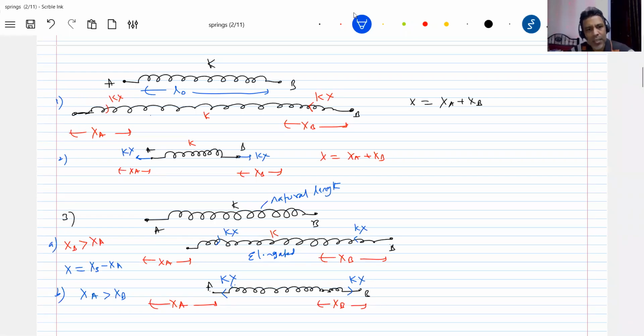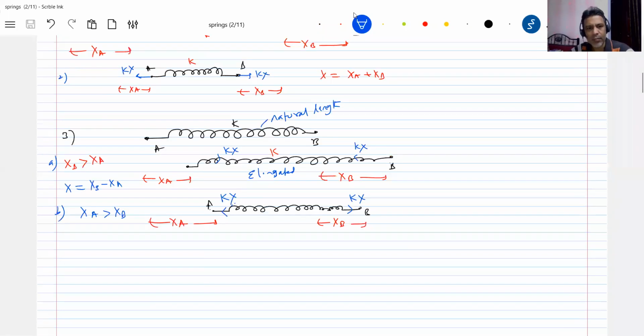Then is it elongation or compression? I think we have to look at the situation. It's not that spring means always elongated, or spring means always compressed. No, look at that one. And now similarly, both are having displacement in the same direction. So from looking at the diagram, now third situation, if XB equal to... I think this will be quite easy to really assess.